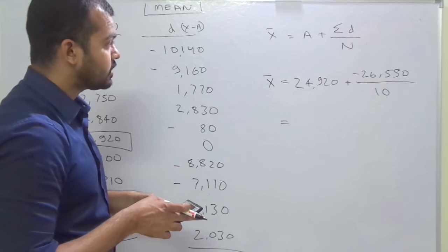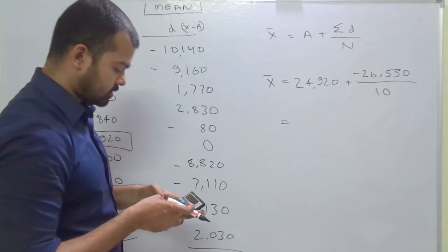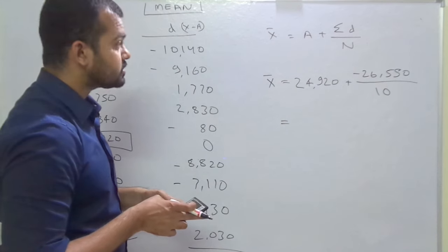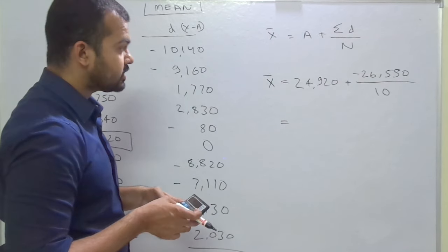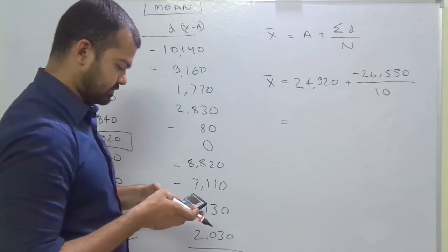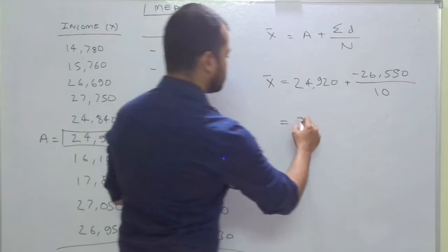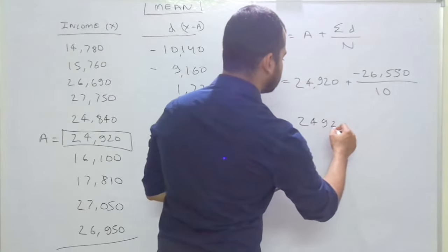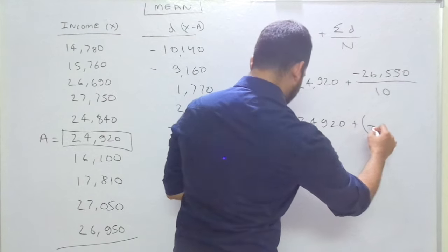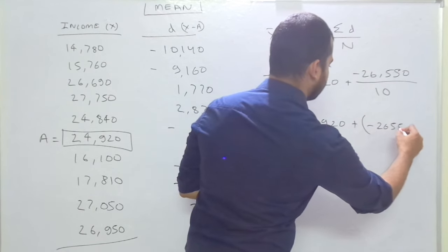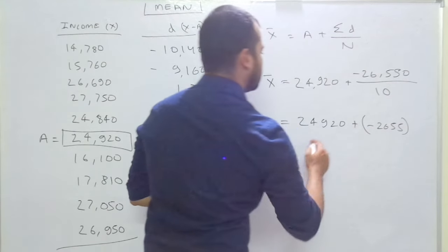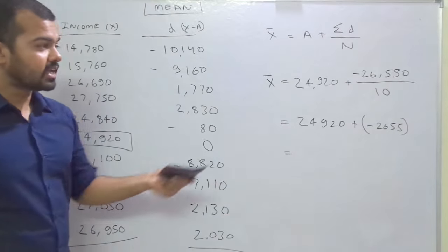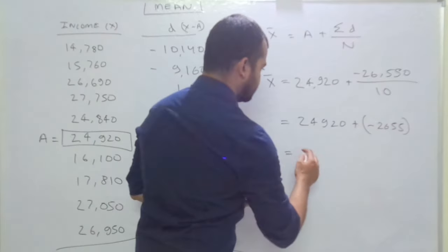Now we have to solve this. Minus 26,550 divided by 10 comes out as 24920 plus, in brackets, minus 2655. Now if you open this bracket, the sign becomes negative.